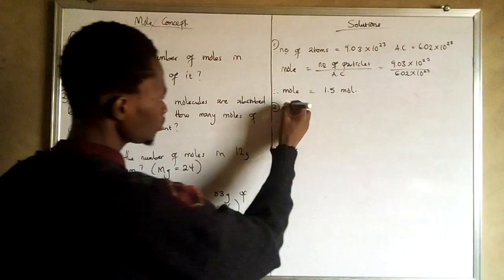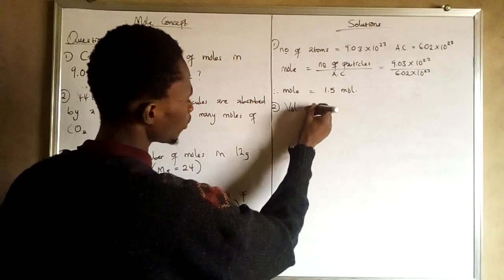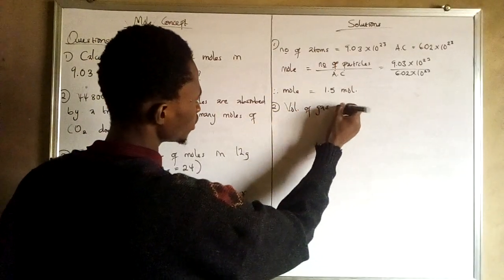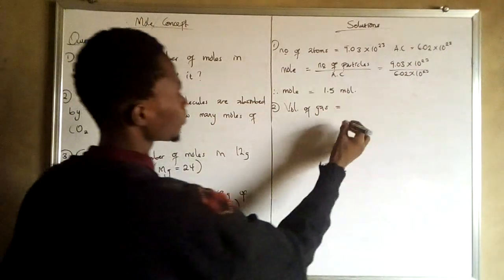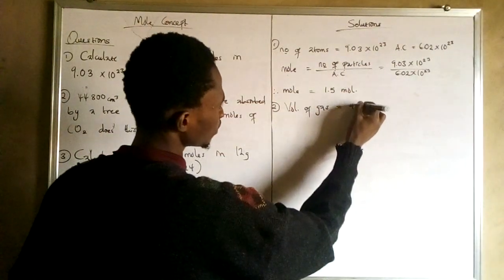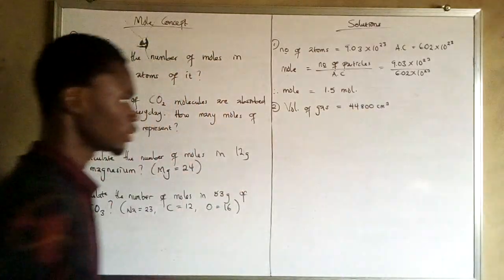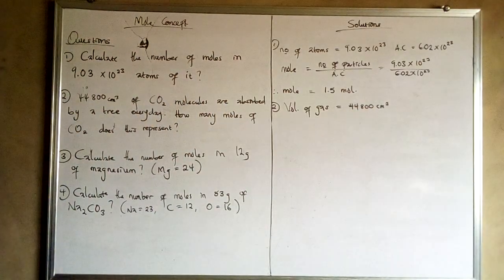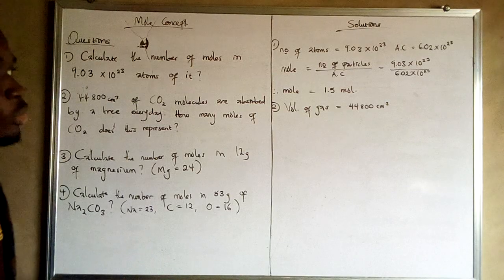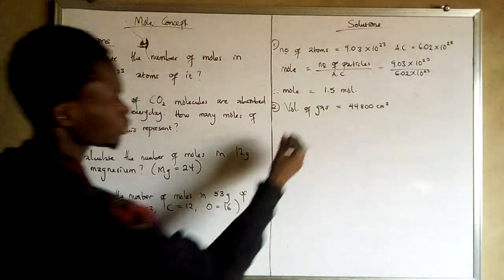So volume of gas is equal to 44,800 centimeter cube.